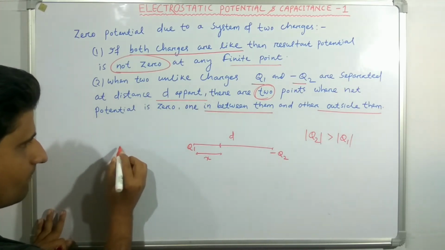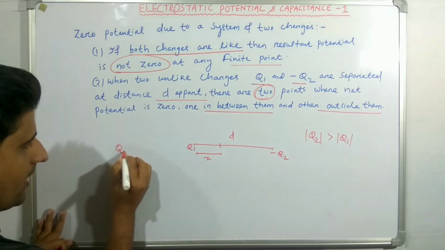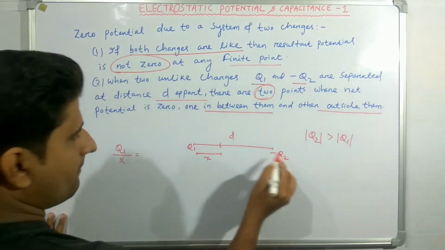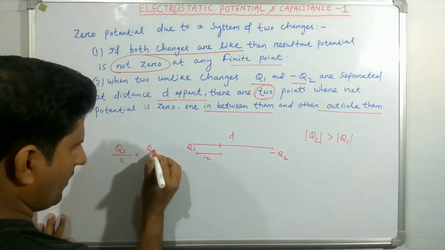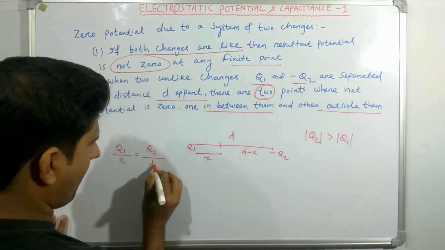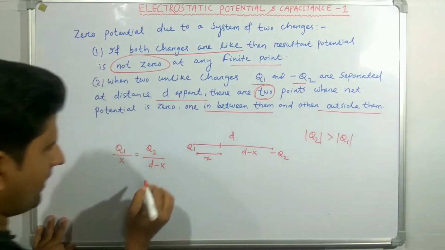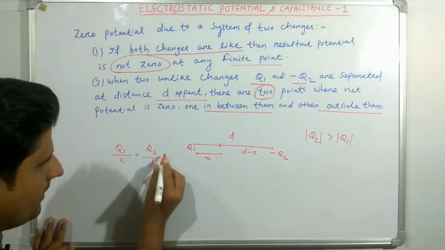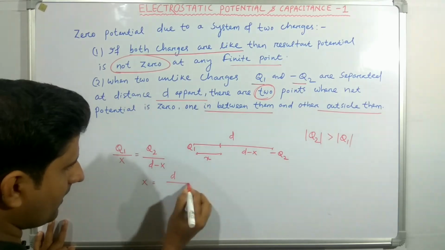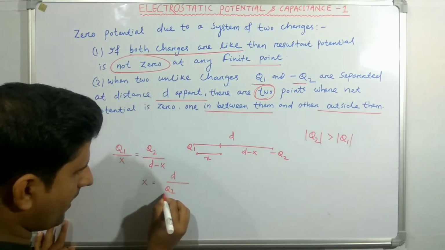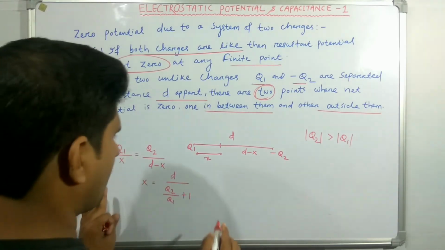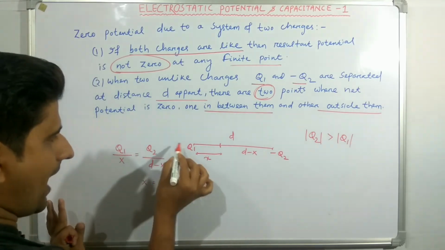So q1 by x equals q2 by d minus x, and if we calculate x, this should be d by q2 by q1 plus 1. This is the inside point.